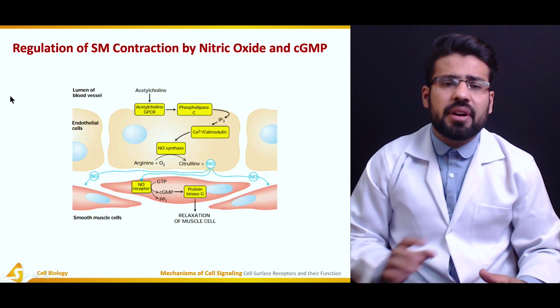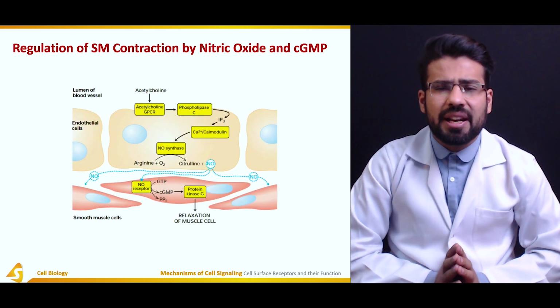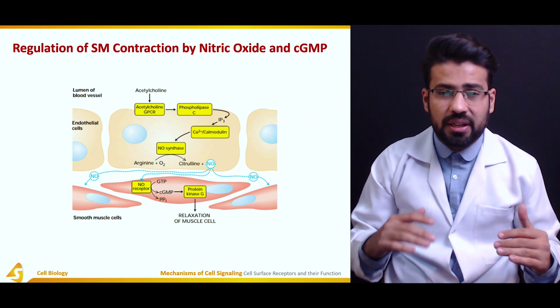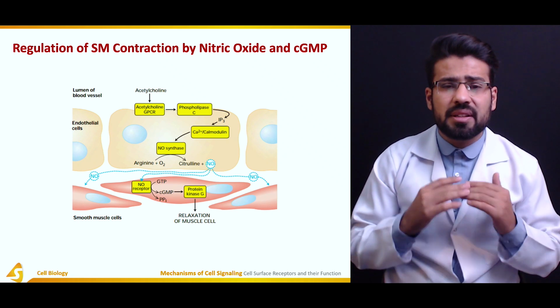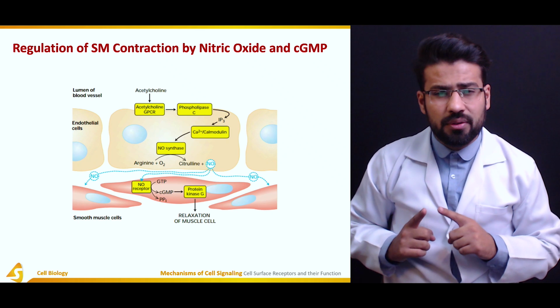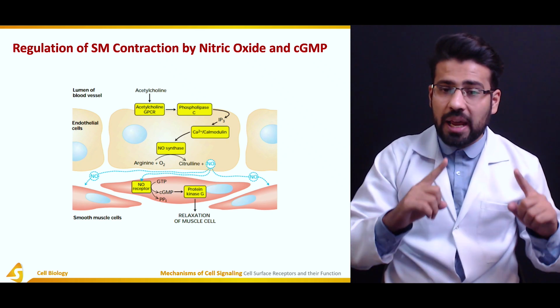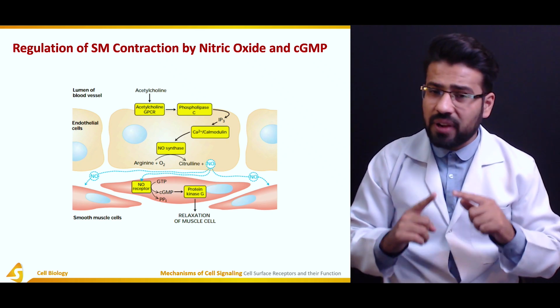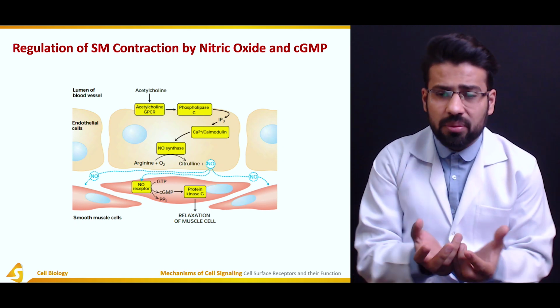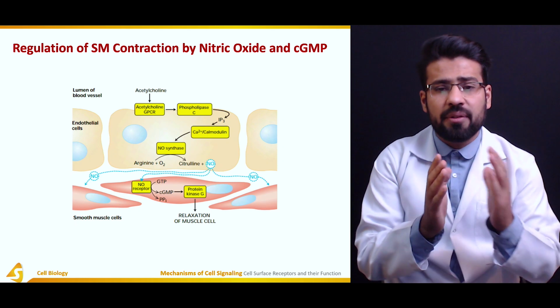So talking about the regulation of the smooth muscle contraction by the nitric oxide and the cyclic GMP, we have acetylcholine, which is going to bind with the acetylcholine receptors. It is going to cause the activation of the phospholipase C. Phospholipase C again will cause the production of IP3. The calcium ions will be released from the endoplasmic reticulum and will bind with the calmodulin.